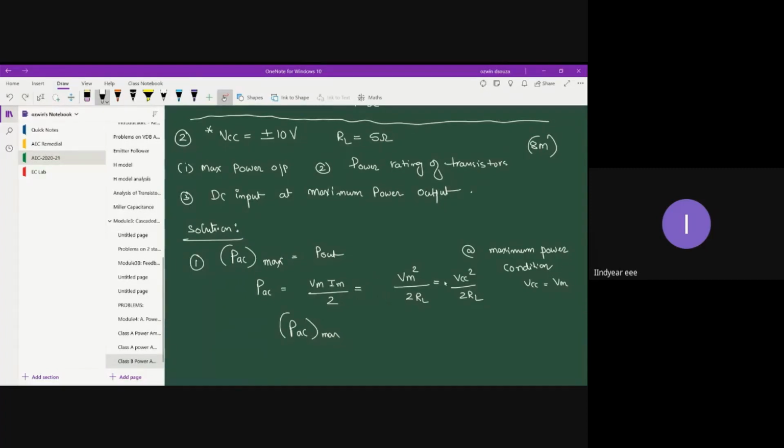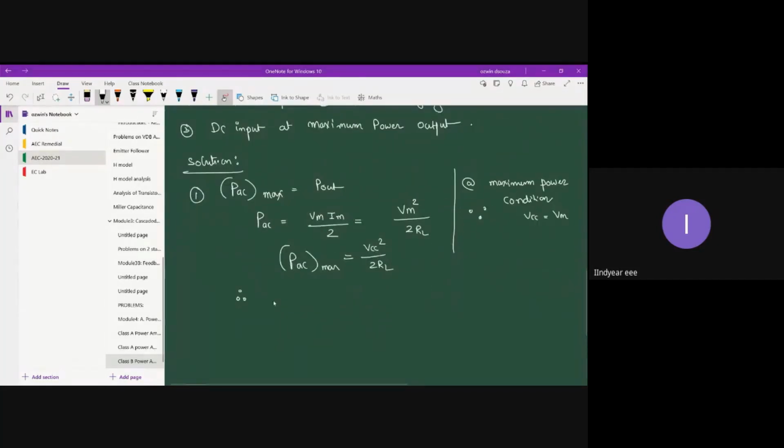So PAC maximum is VCC square divided by 2 RL.